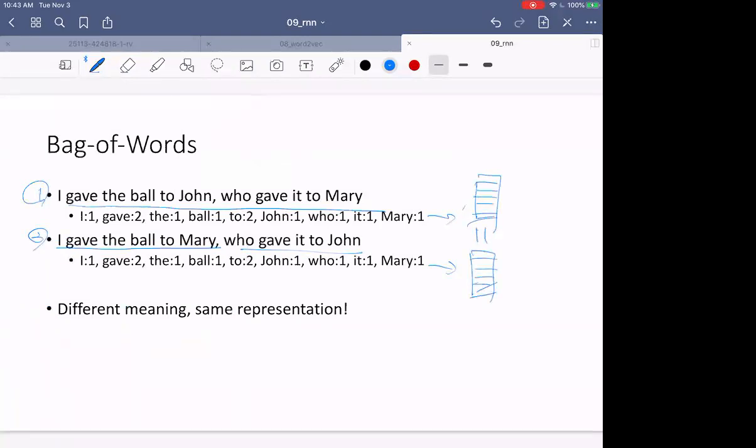So the order is not considered. And of course, if you don't consider the order, then you can't really represent the semantics or the meanings of your sentences or documents. So not only is the bag of words approach a waste of space, but it's also not a good way to convey the meaning of your input.